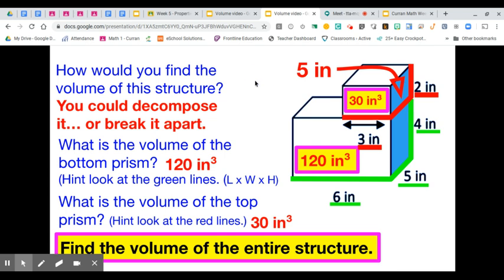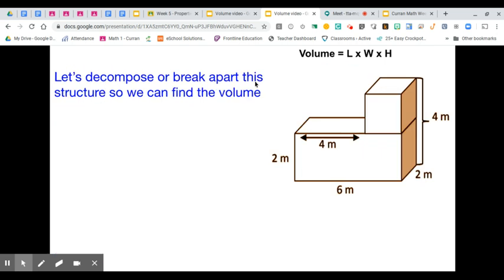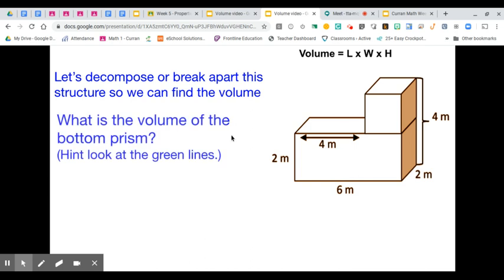Let's do another one together. Take a look at this example. We're going to break apart and decompose this structure so that we can find the volume. Let's first take a look at the bottom prism. Let's look at the green lines.